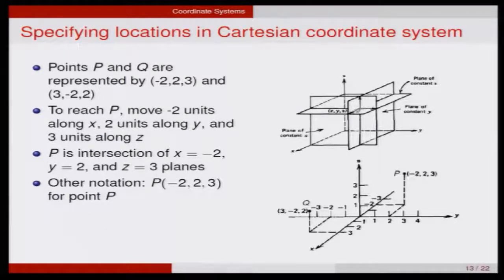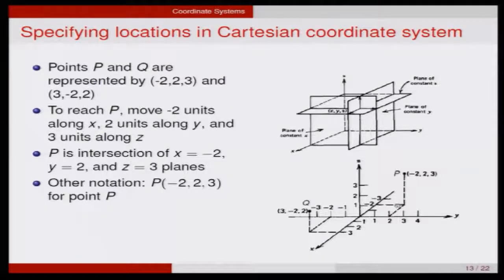Again, you have 3 mutually perpendicular directions, which is one vector pointing along x, one pointing along y and one pointing along z. For example, consider points P and Q. Point P is (-2, 2, 3), which means that I have to put up a plane at x equal to -2. For example, this is x equal to -2, and then I have to move to 2 on the y axis. So, I can actually move along the x line to the y axis to get this point.